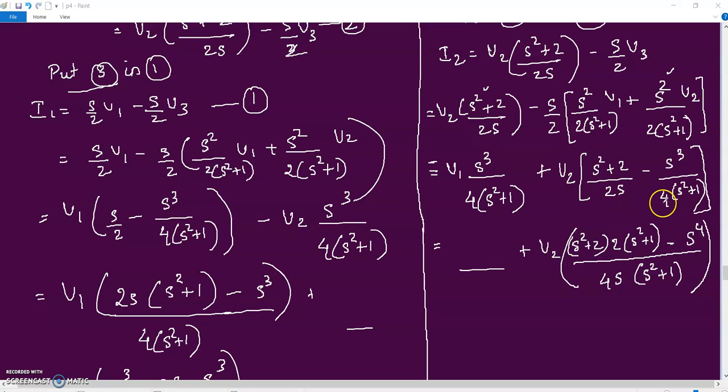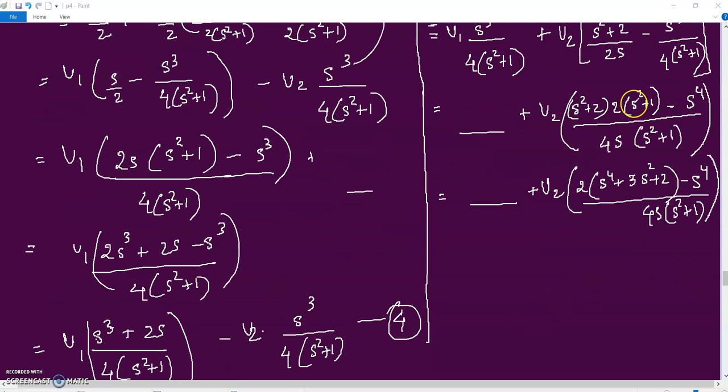So here I have taken the LCM, 4S into (S square plus 1). Here we have to multiply 2 into (S square plus 1), that is (S square plus 2) into 2 (S square plus 1), and here we multiply S raised to 4 by 4 into (S square plus 1). Now I have cross multiplied these two terms together, keeping 2 outside.